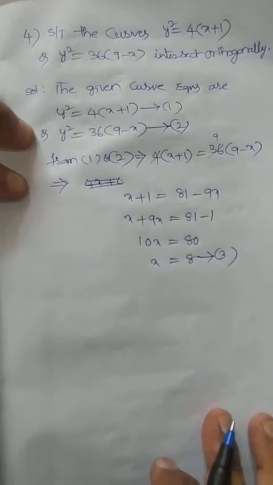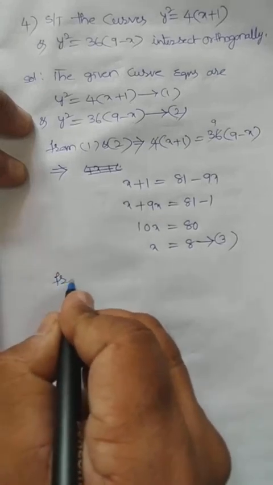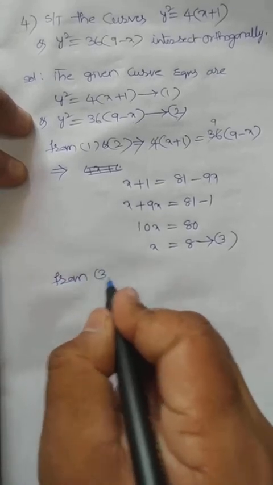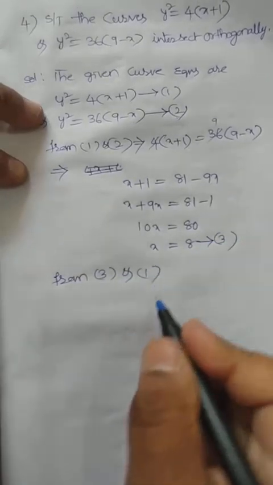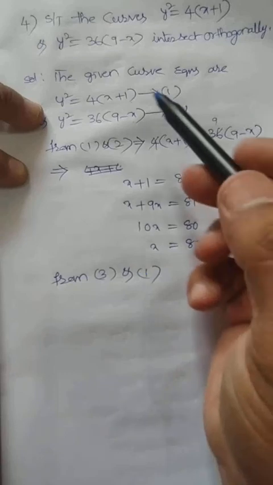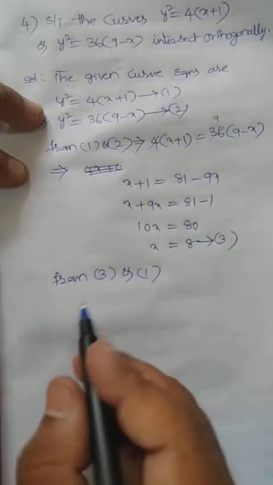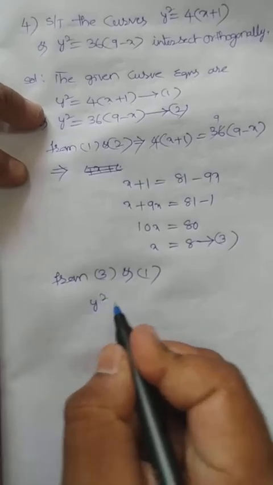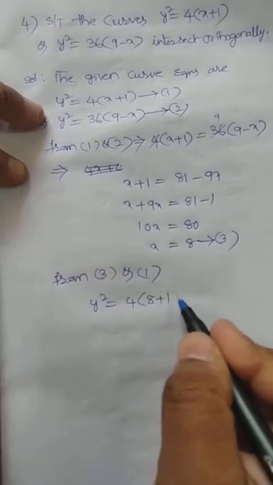Now from equations 3 and 1, I can substitute x as 8. So y square is equal to 4 into 8 plus 1.